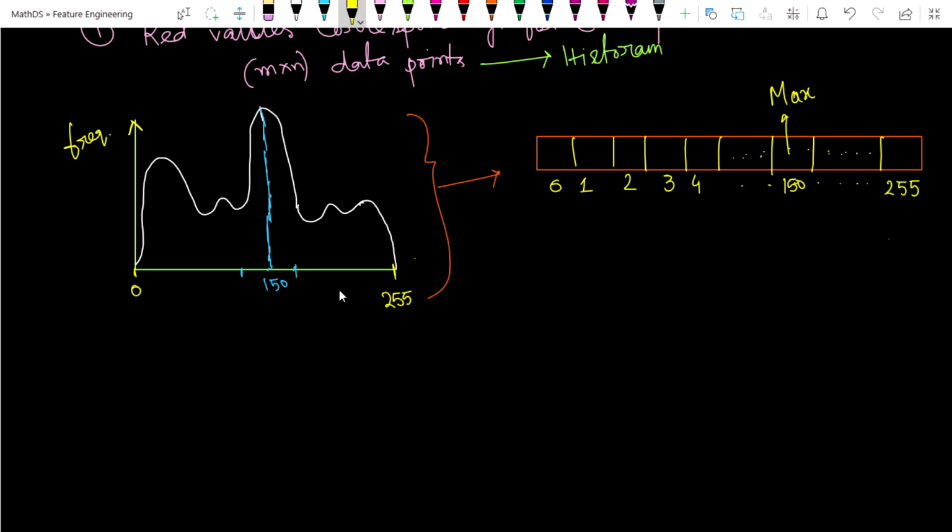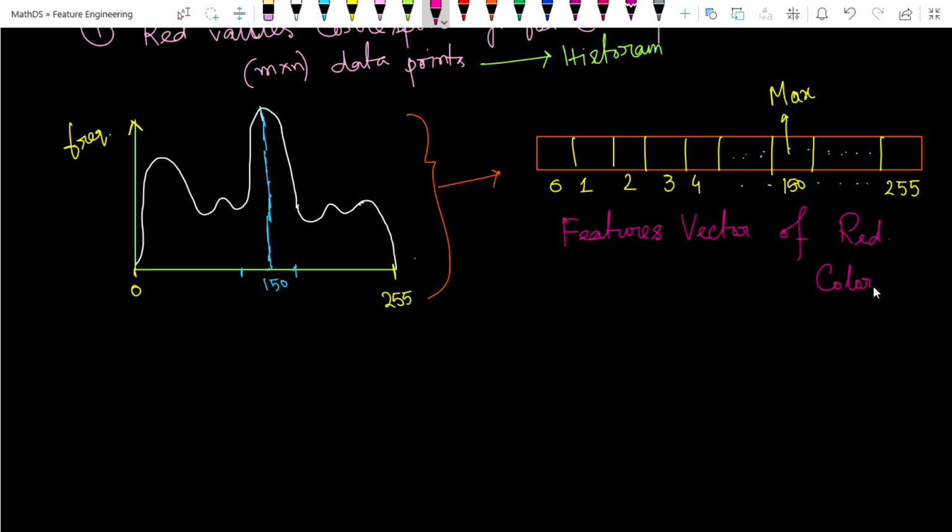So from this red color, this is the feature vector of this red color frequency. This is called the feature vector, for the red color.